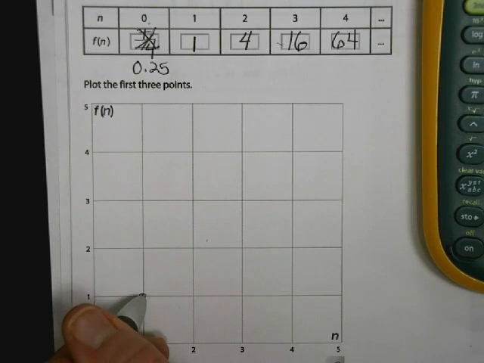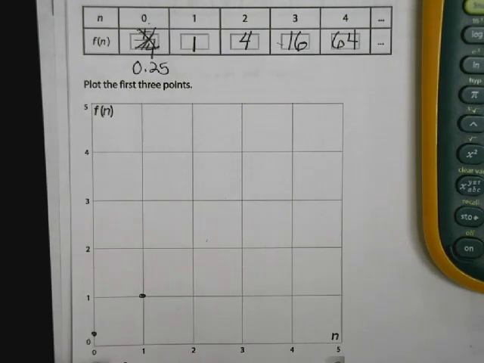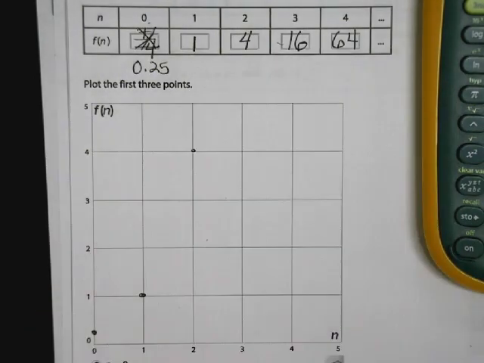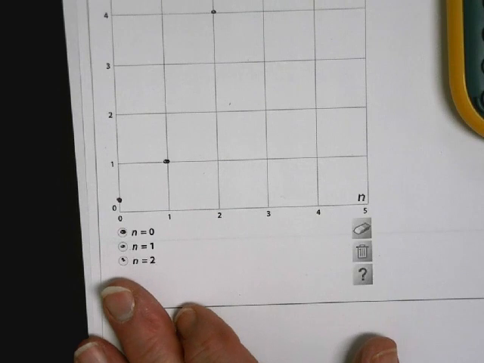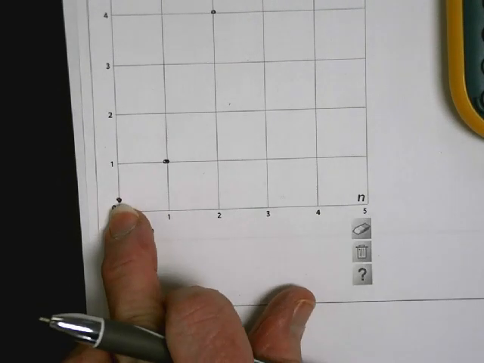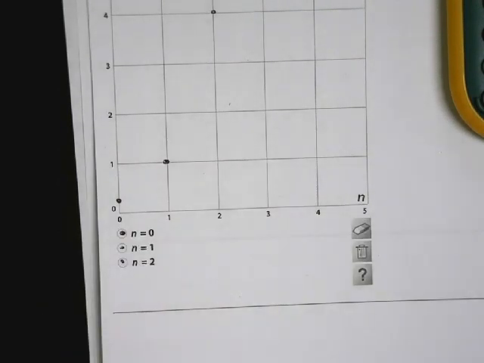And now we're gonna put in, you click this, and then you're gonna have to go up a quarter. So you gotta be a good eyeballer here. And then the 1 goes to a 1, and then the 2 goes to a 4. So do your best to get a 4.